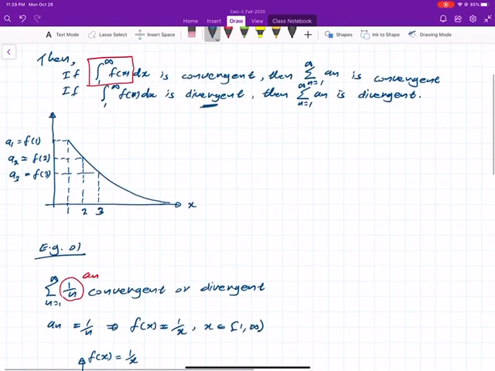The integral was divergent, because this integral was divergent, then the conclusion is the series is divergent too. Let me write that down.